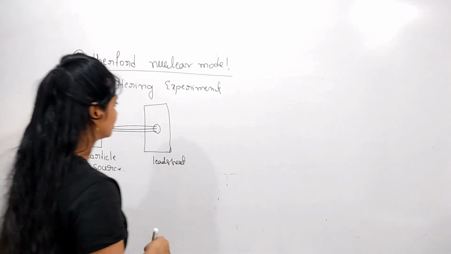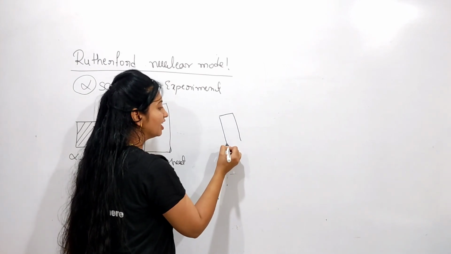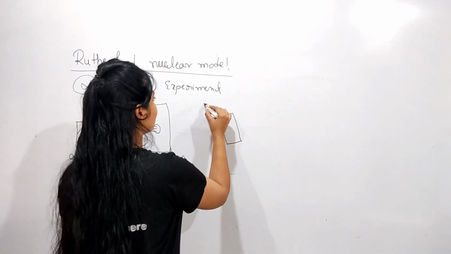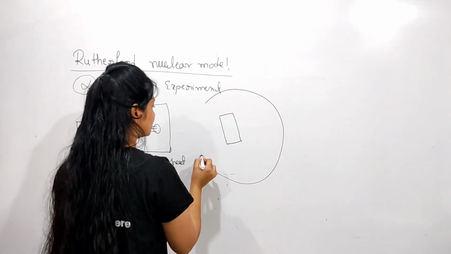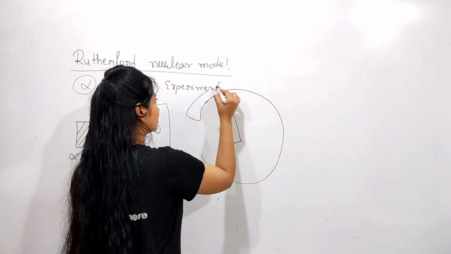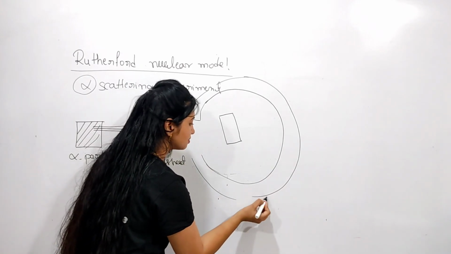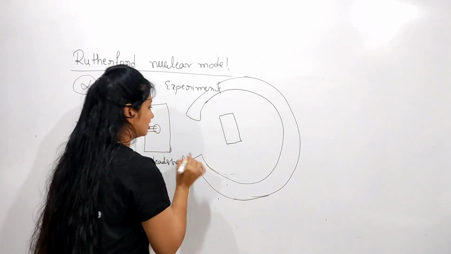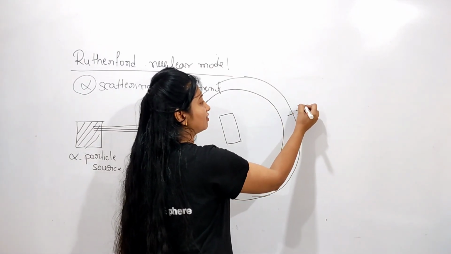And next, he put a gold foil, which is surrounded by a photographic sheet. This photographic sheet is made of a fluorescent material like zinc sulfide.